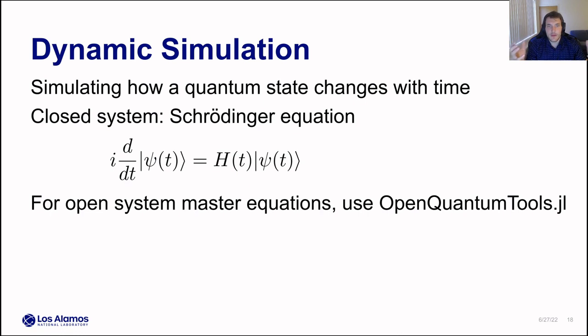So what do I mean when I'm saying that we're simulating a closed system? A closed system, in a quantum sense, is simply evolving according to the Schrodinger equation, which is shown down below. You can also represent this through something called the Liouville-von Neumann equation, where you're modeling density matrices, where you define your density matrix as the outer product of your state vector with itself. Or you could also model your dynamic simulation through unitary evolutions, where you say, I'm going to figure out what unitary matrix ends up producing the transformation with time.